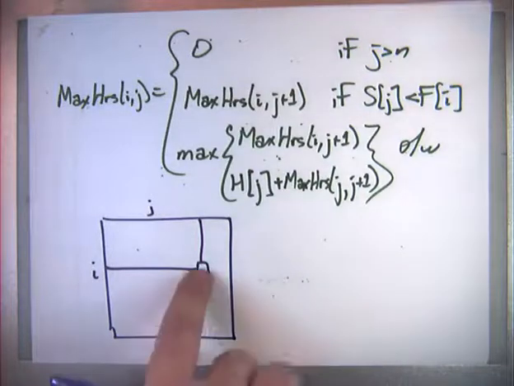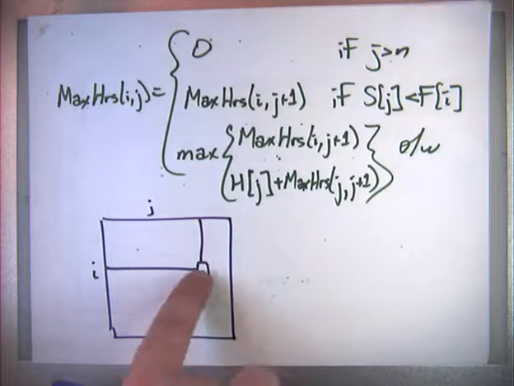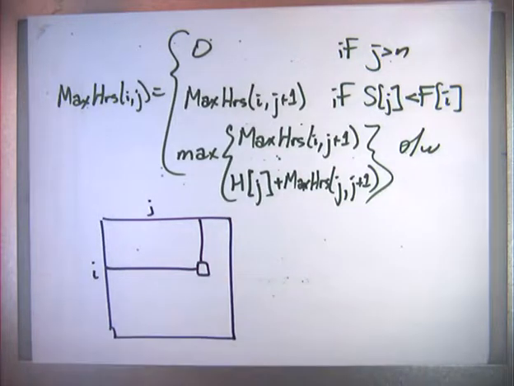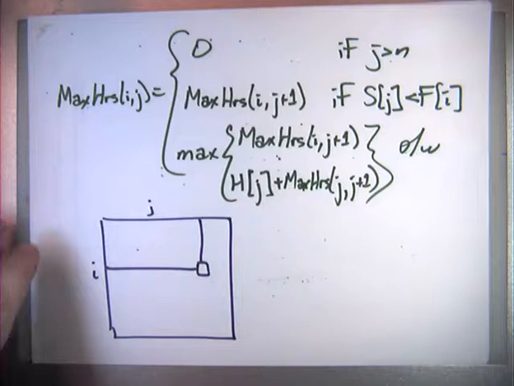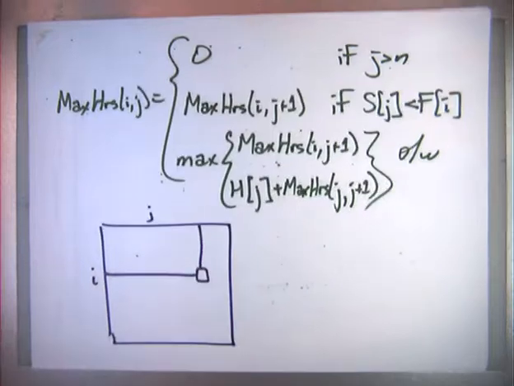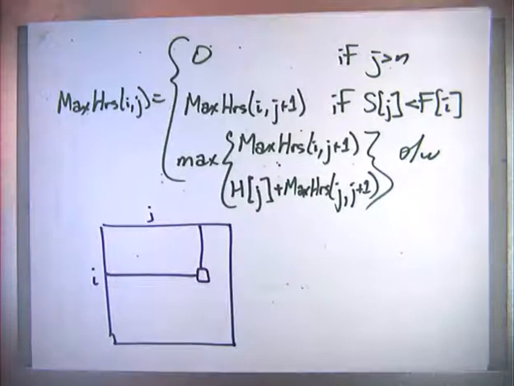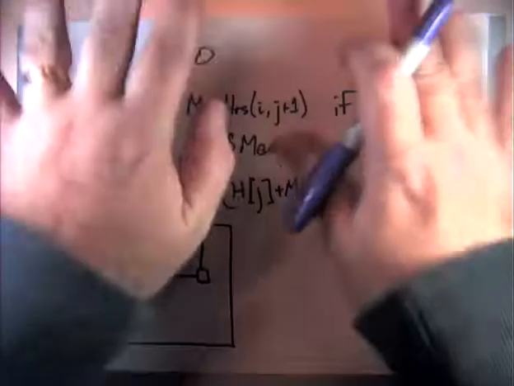And then if I want to fill in the box at a particular row and column i and j, what other values do I need to fill in before that? No, look at the recurrence. Don't think about what a recurrence means. Look at the actual code on the page.